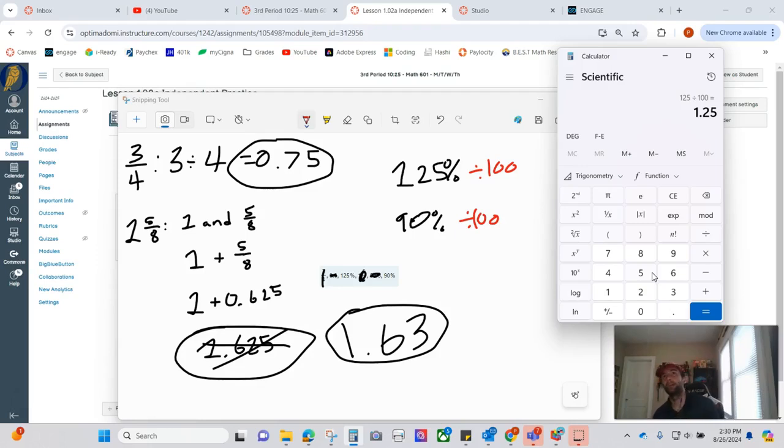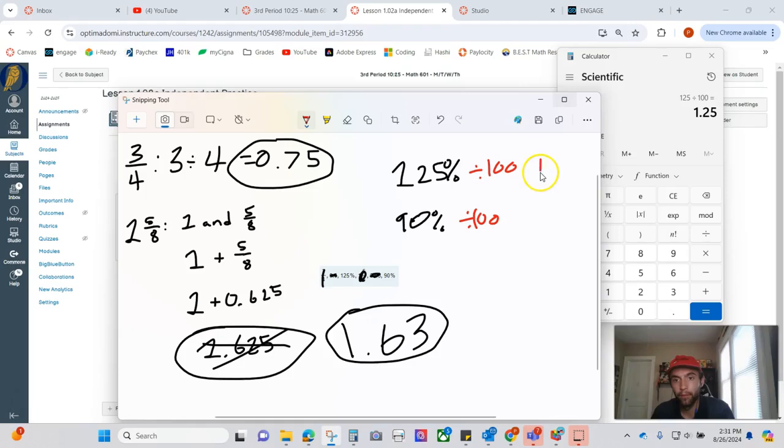Then if you do that divided by 100, that's almost like dividing 125 by 10,000, which is not what we want to do. So if you're using your calculator for this, type 125 divided by 100 to get the decimal form, 1.25.